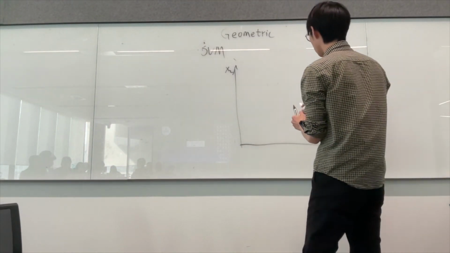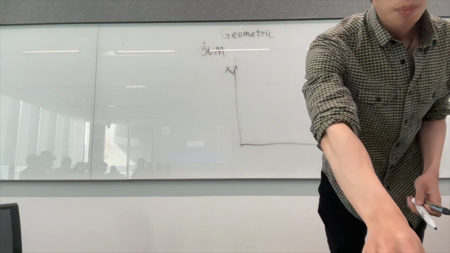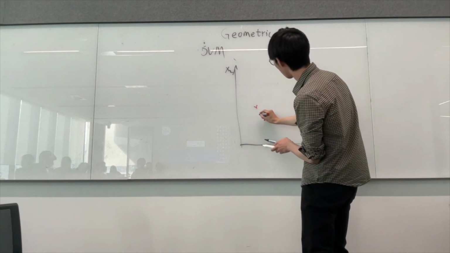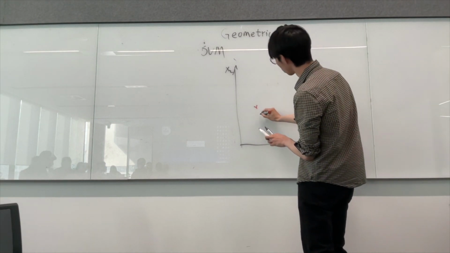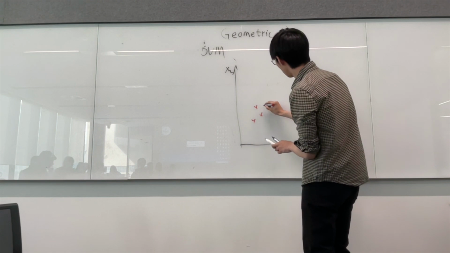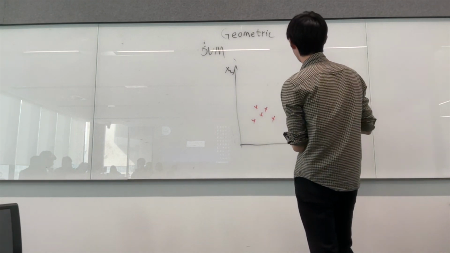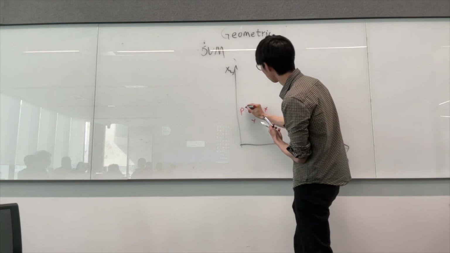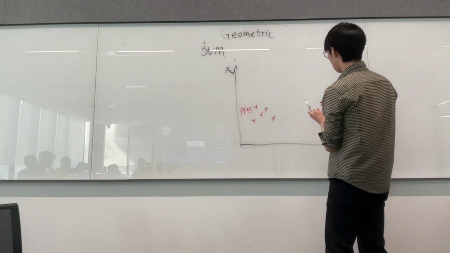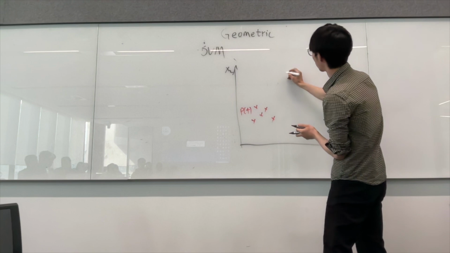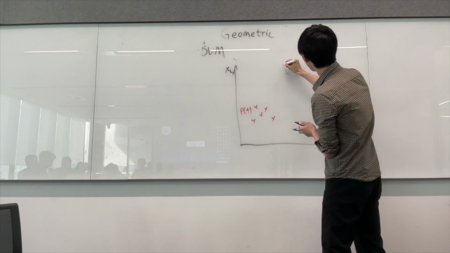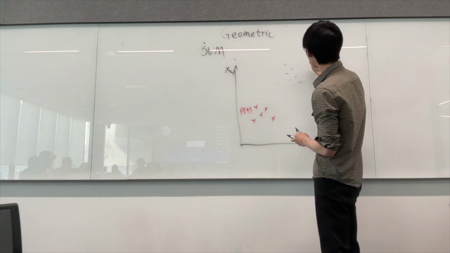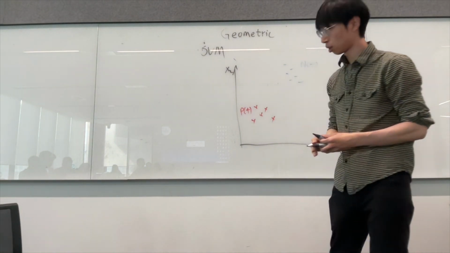So always begin from binary classification. We have some points. This is a negative point. We have some, let me call it, positive points, plus. We have some negative points, minus.